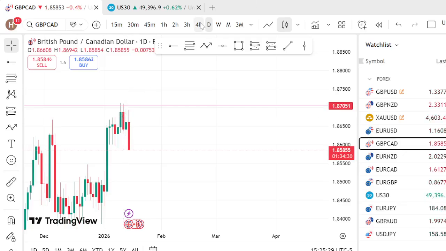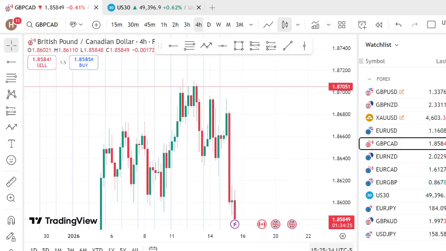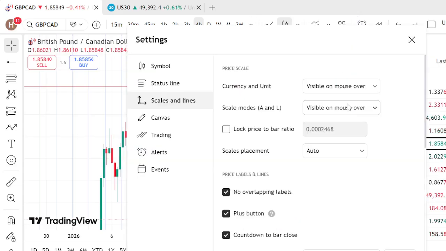So I came to the 4 hours. On the 4 hours, what am I seeing? Now if you look at my chart, let me increase this so that you can differentiate this.